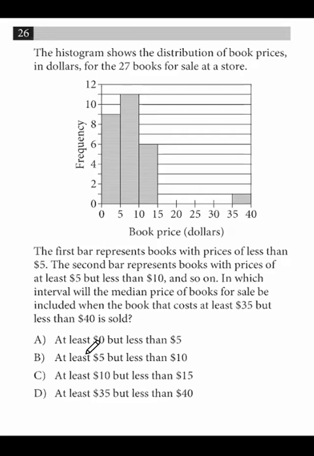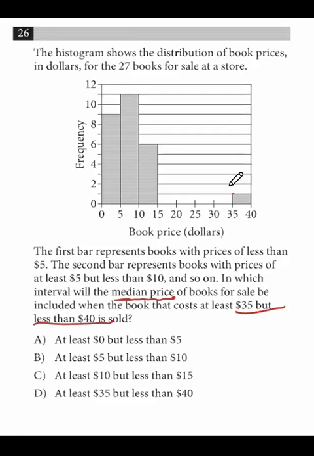Okay, so for question 26, we're shown 27 books in a frequency distribution. Basically, how will the median price of books be affected when we add another book that costs 35 to 40?